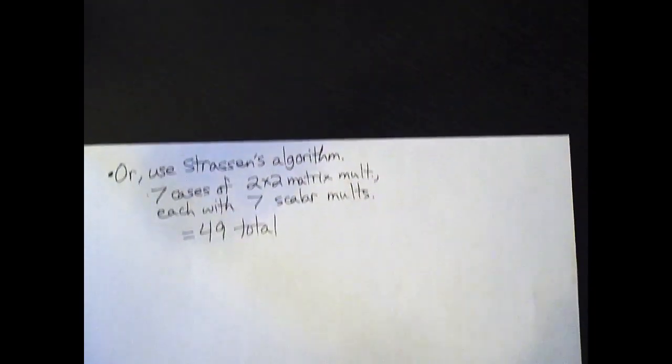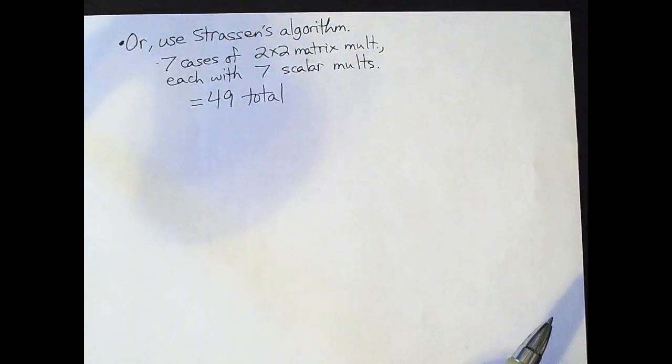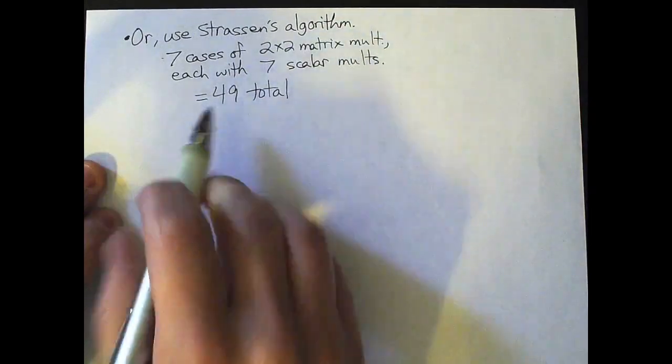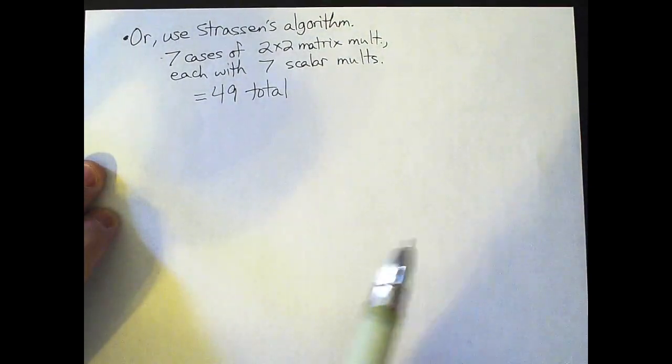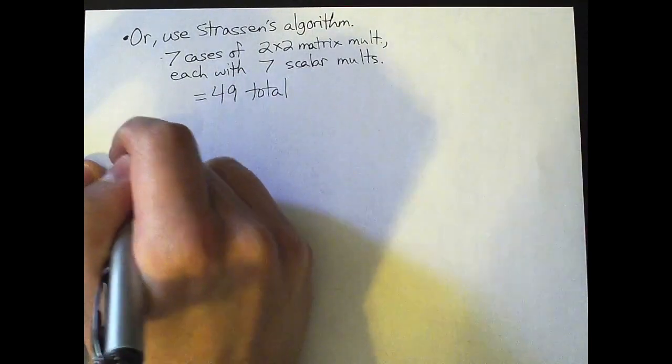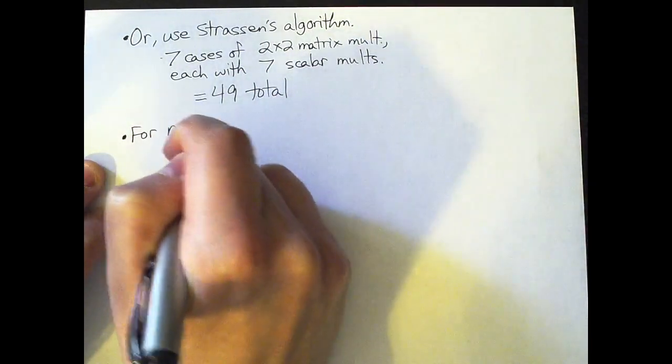Now, I said this could be extended for the n by n case, and what I just showed you was the 4 by 4 case. So we went from having 64 multiplications to 49. Let me tell you about the n by n case.